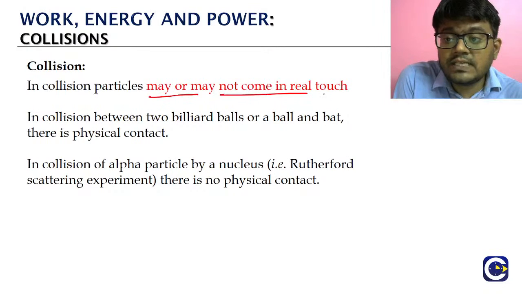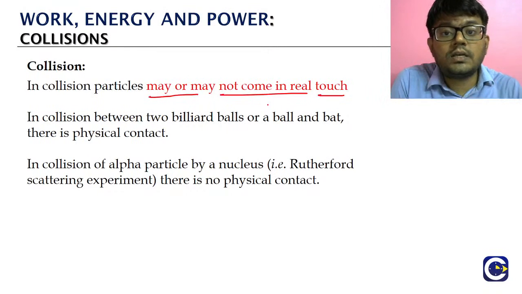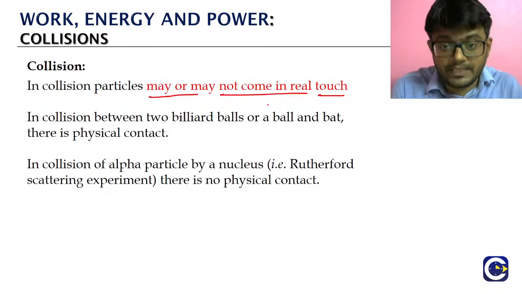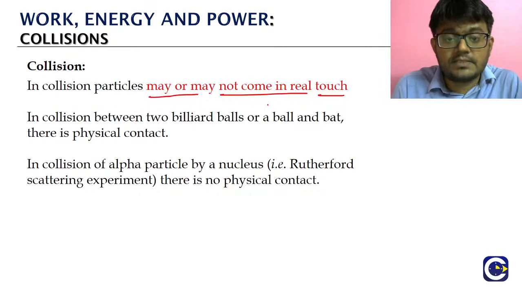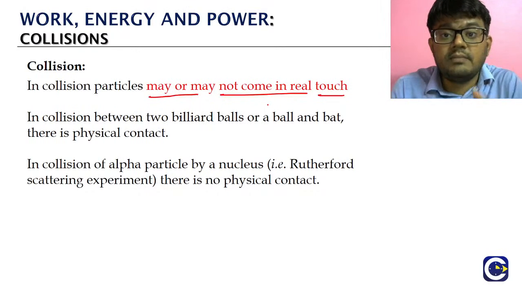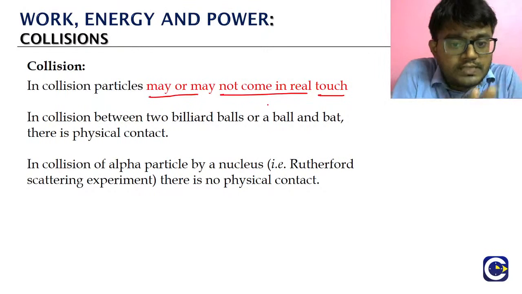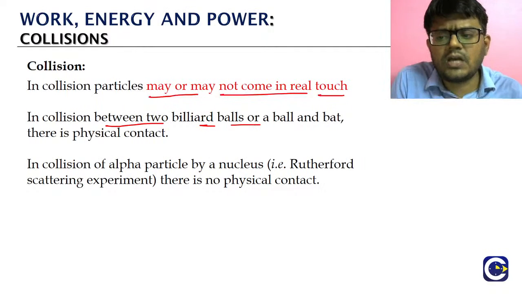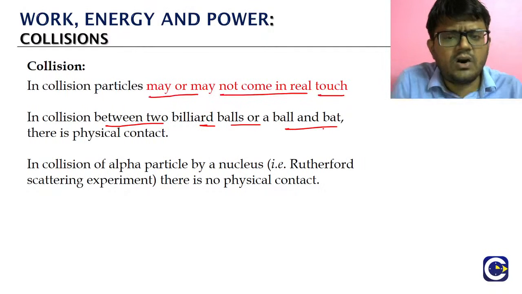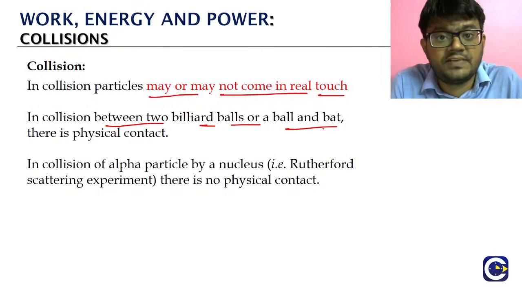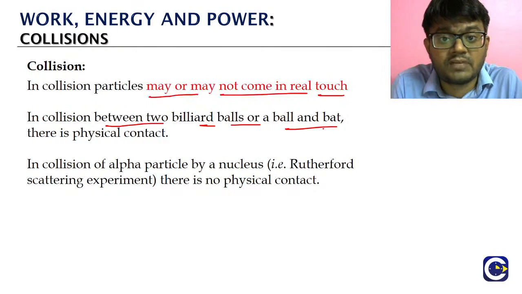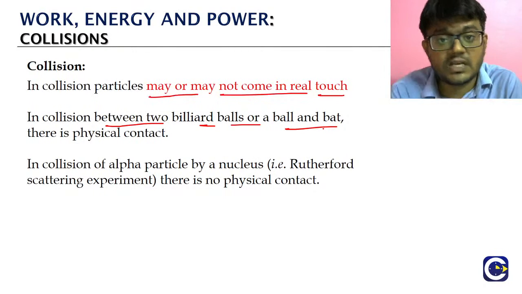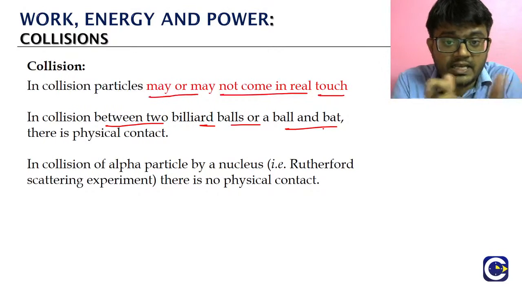But when we look at the way we consider the collision phenomena, the actual physical contact is not a clear requirement. There will be some phenomena where there may not be an actual physical contact. The collision between two billiard balls or between a ball and a bat, all the other things we discussed, are examples where the bodies really come into physical contact.